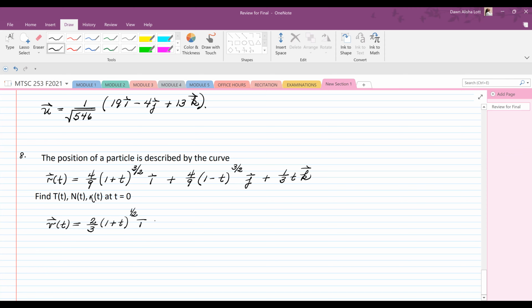And then the same thing, but 1 minus t to the 1/2. Then plus 1/3 k. Okay, are you doing a j here? Yeah, sorry, I thought you already wrote it because you put the i.